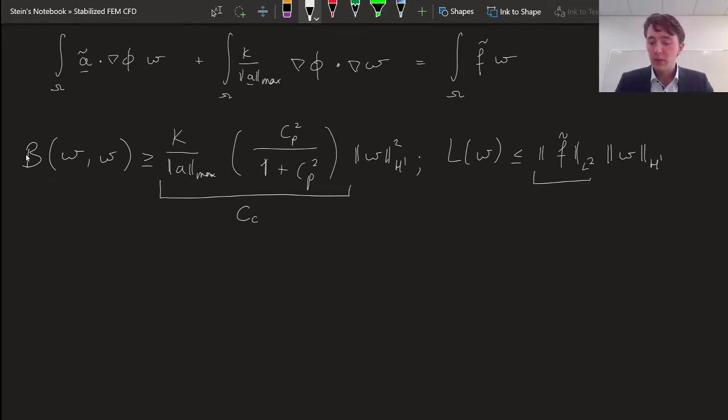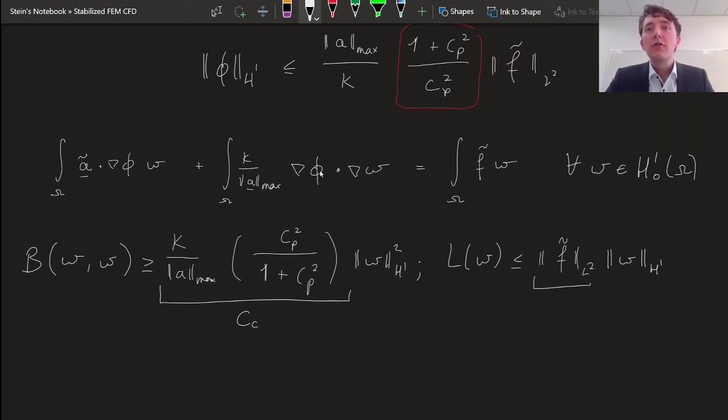We're talking about all functions W in H10, all functions in H1 that are also 0 on the boundary.